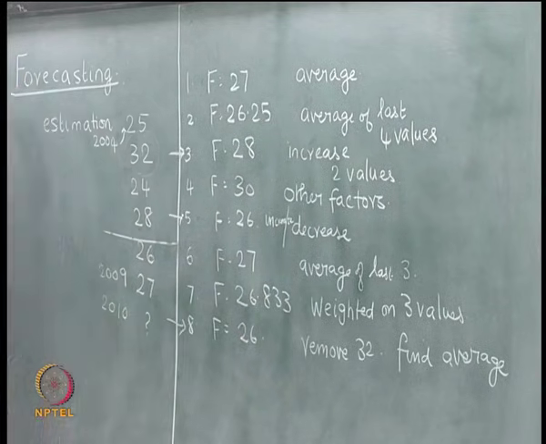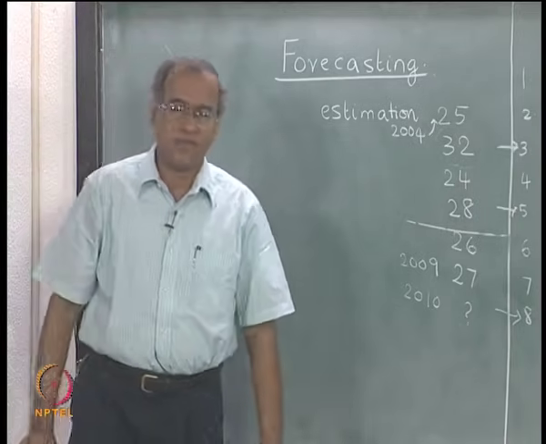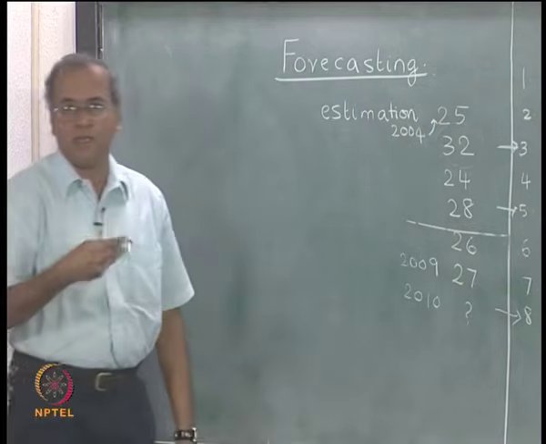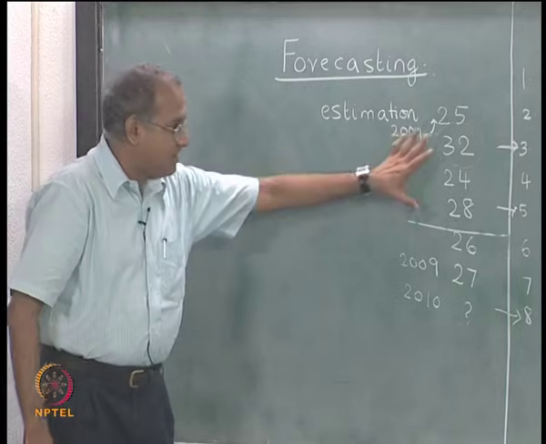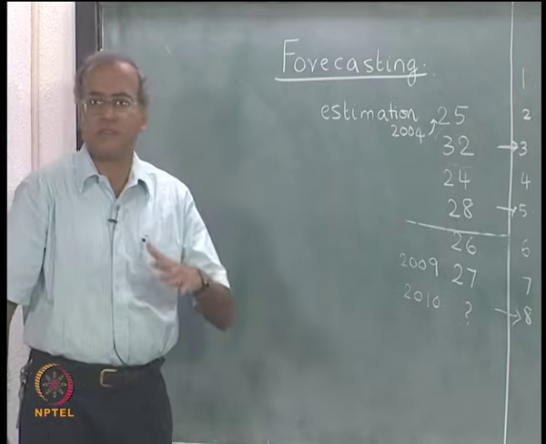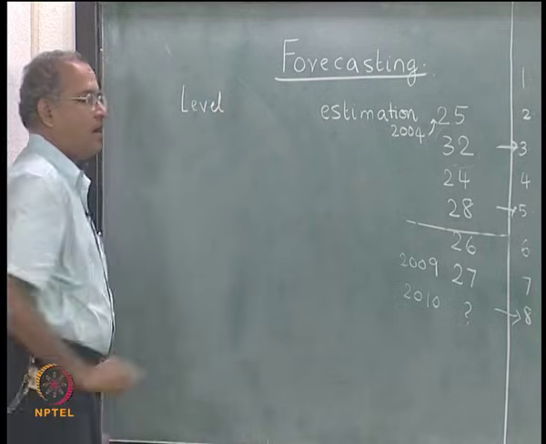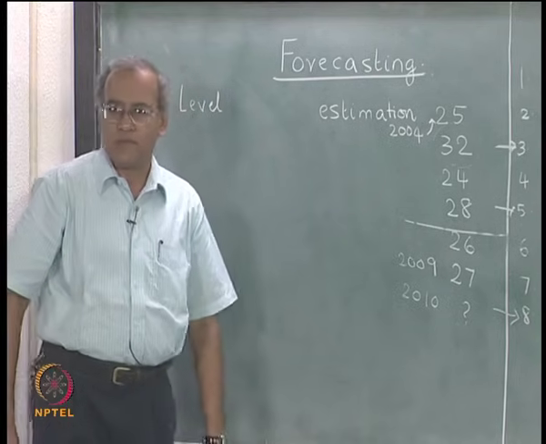So, let us say out of these 8 different reasons given, 5 of the reasons are centered around the average in some form or the other. But if we look at this data and before we start making any forecasting, we need to understand whether this data actually represents a constant or what is called a level, or whether there is some kind of a trend that is happening.